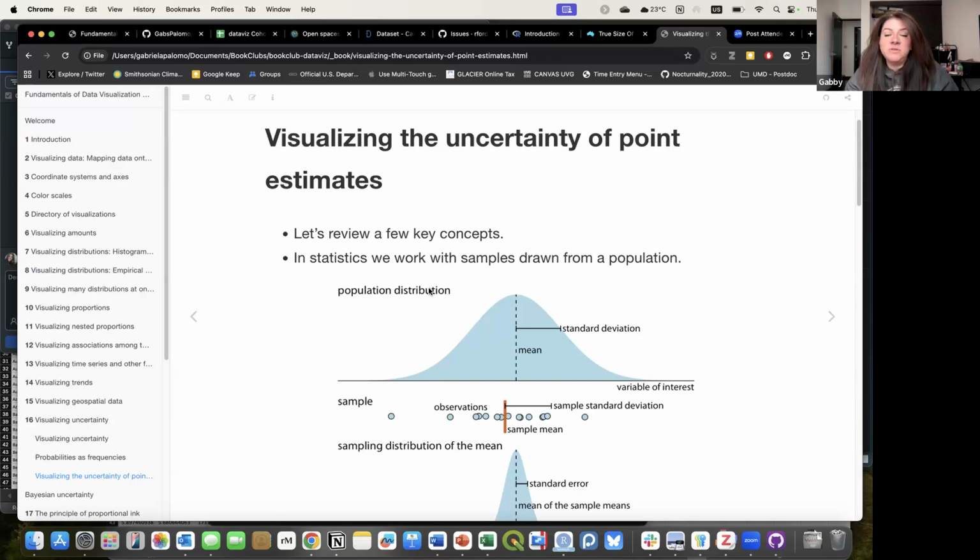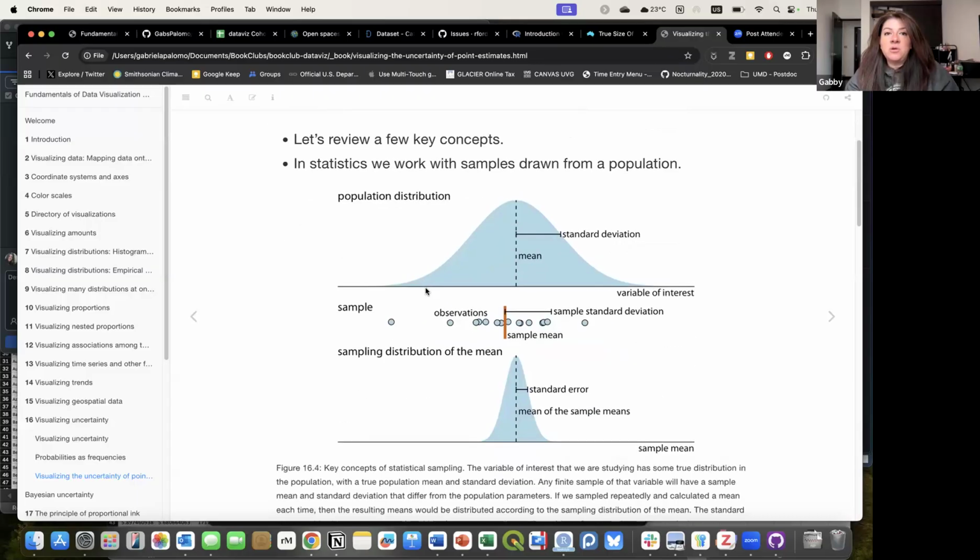It can happen, but we usually work with samples. So then we're going to have a population distribution for the variable that we're interested in. Let's say that this is height. We're going to have a mean and a standard deviation of that variable of interest. So that's going to be our population distribution. This is how our population behaves in terms of, in this case, height.